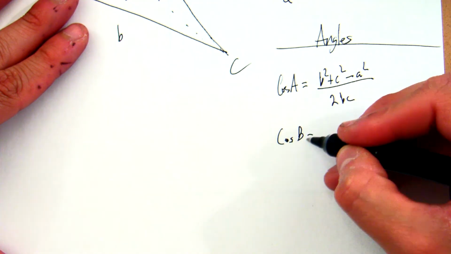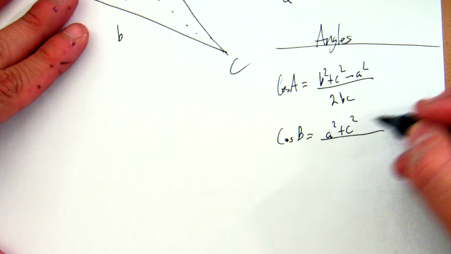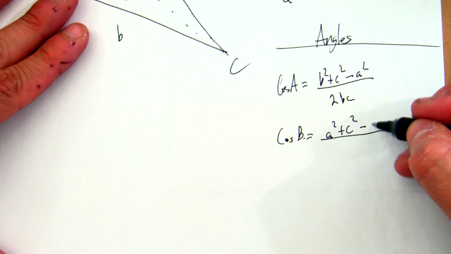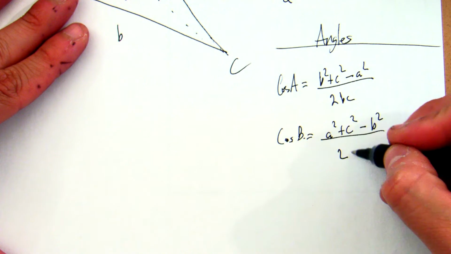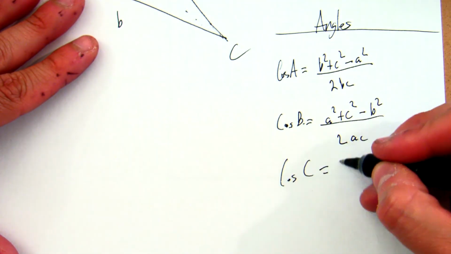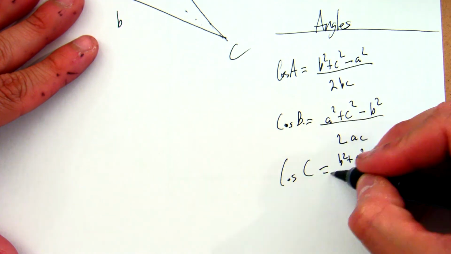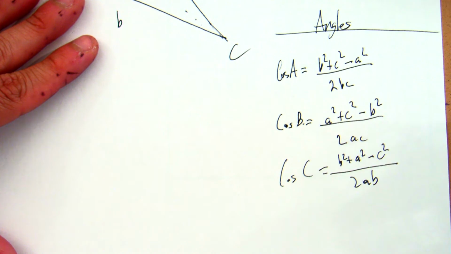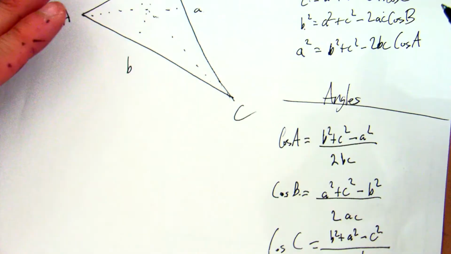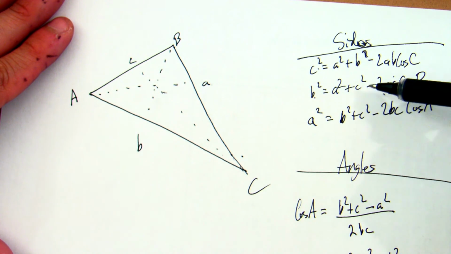So cosine of b is a squared plus c squared minus b squared over 2ac. And then finally cosine of c is b squared plus a squared minus c squared all over 2ab. Okay, so these are for angles. So when you need to, draw a picture and have these handy, and then you're basically just going to plug them in and then figure out what you're missing.